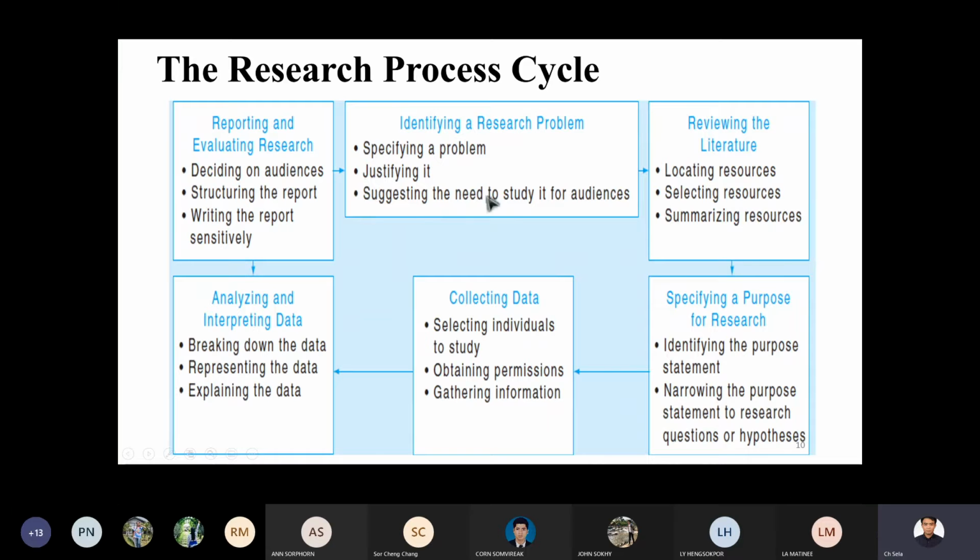And for suggesting the need to study it for the audience, I mentioned a lot, not very little in the problem statement, but a lot in my significance of study, because whenever we learn English, we want to improve our speaking. Many people in our country, particularly, are afraid of speaking out.